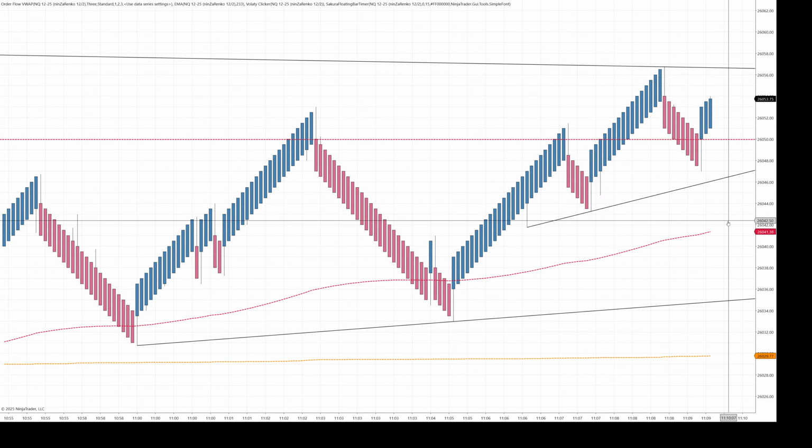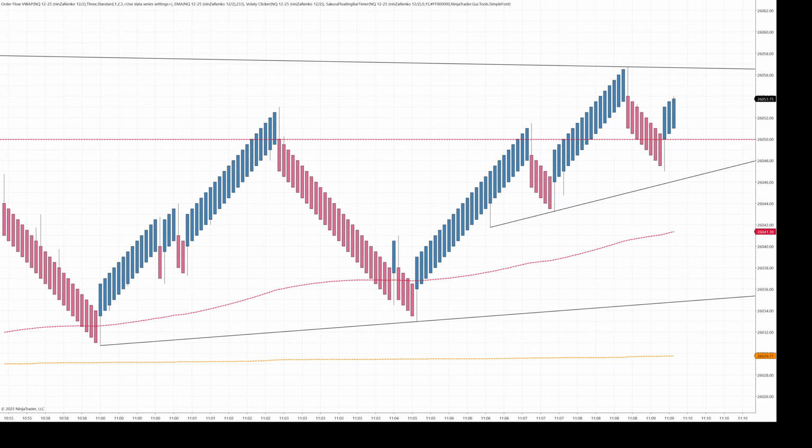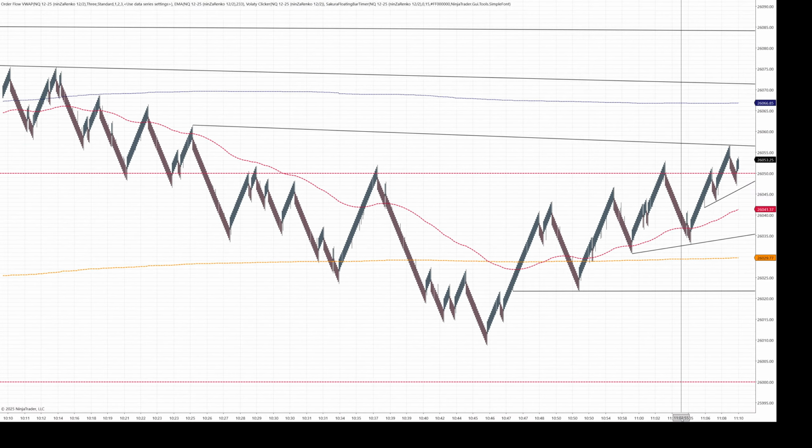We can't take this reversal higher here because we have this downward trend line from way back here.